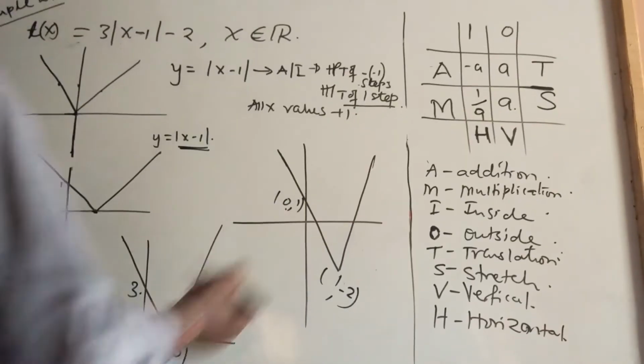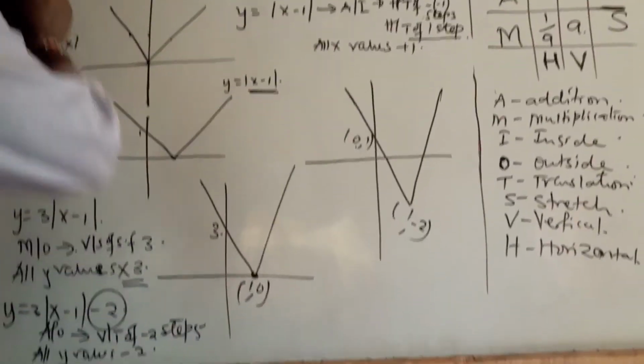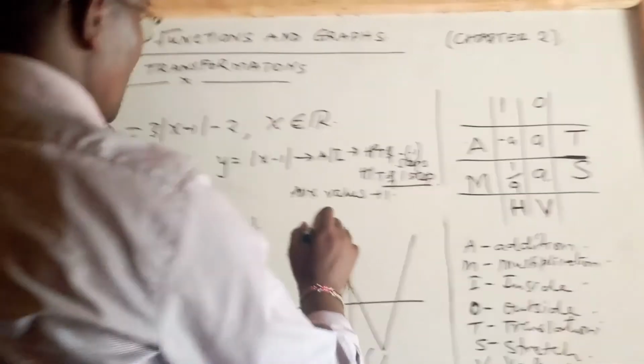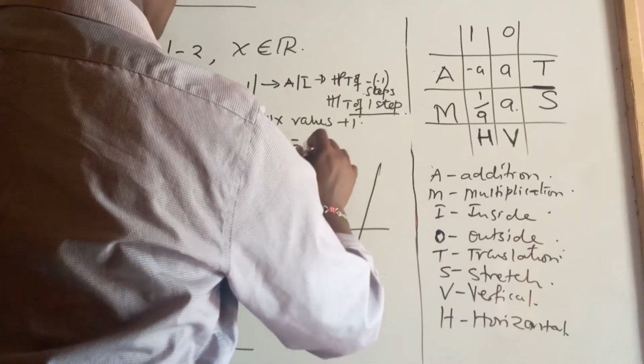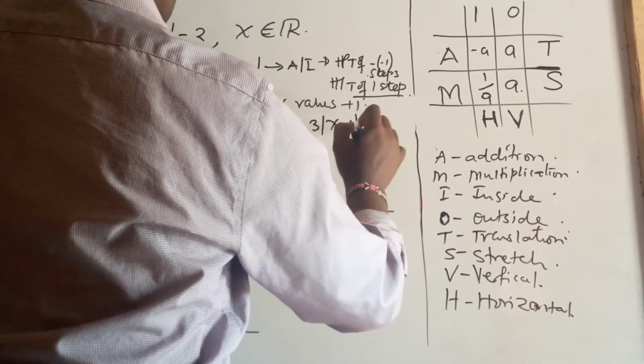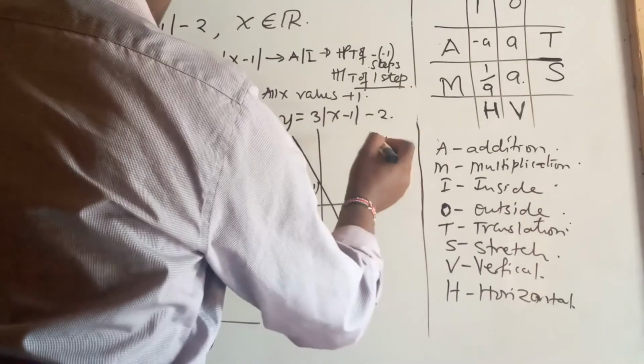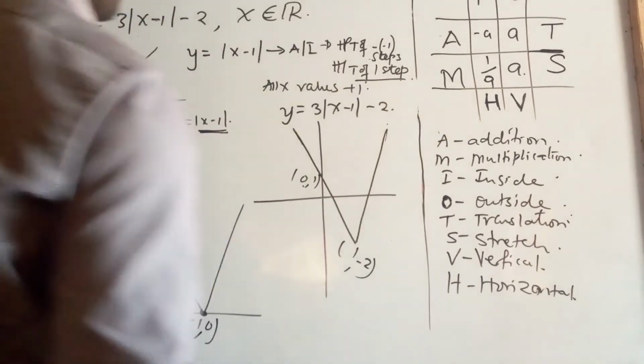So that is it. We have been able to sketch, and that is actually part A. You can call this the graph of 3 times the modulus of x minus 1, minus 2. And finally, this is our final result.